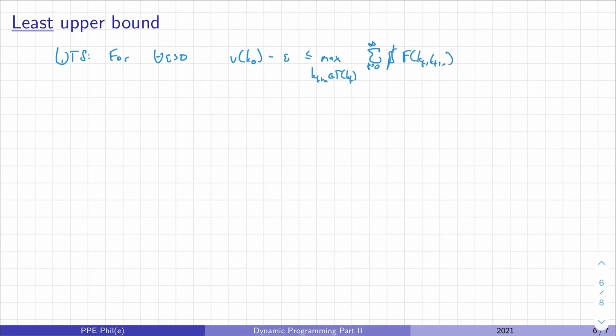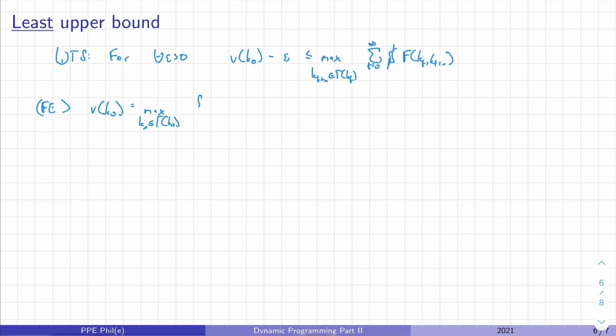kt plus 1. Theorem 3 says that the functional equation must hold, so we know that our candidate function V of k naught is the maximum over the optimal value for k1 feasible from k naught, plus again our candidate function, so we know that already.